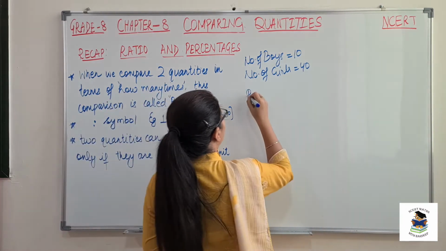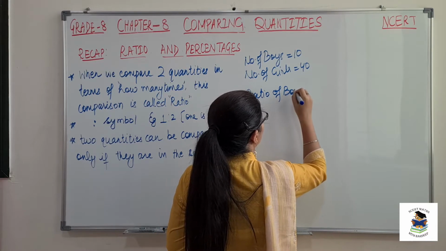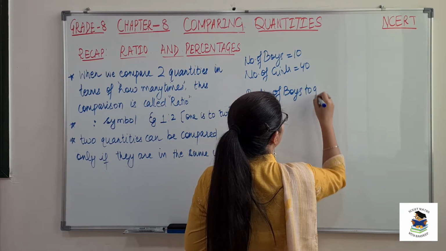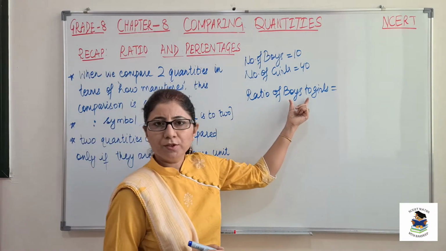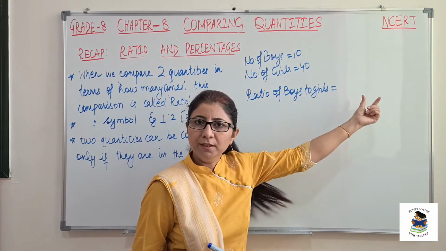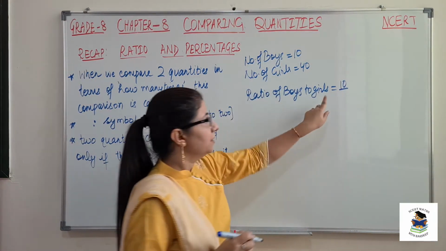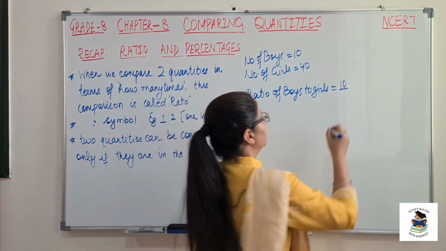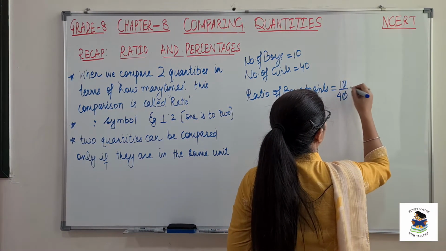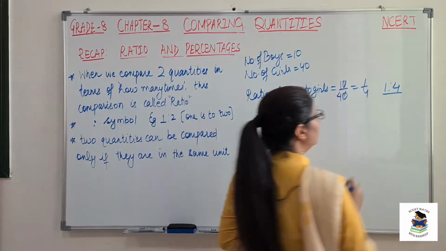So ratio of boys to girls: the quantity that is written first, its value should be written in the numerator, so this will be 10 here. Second is girls, so the number of girls I will write in the denominator. Then again we will simplify it. Answer is 1 is to 4.